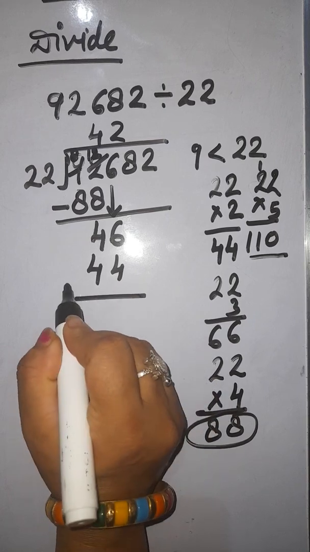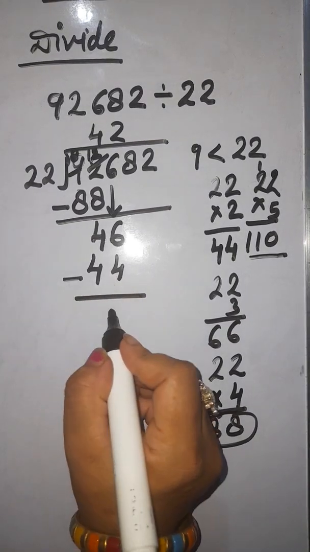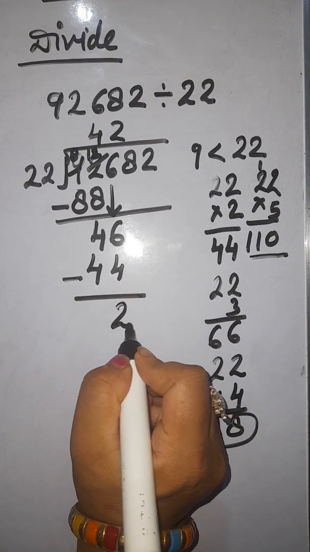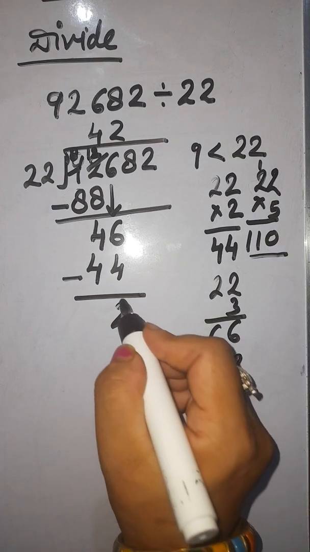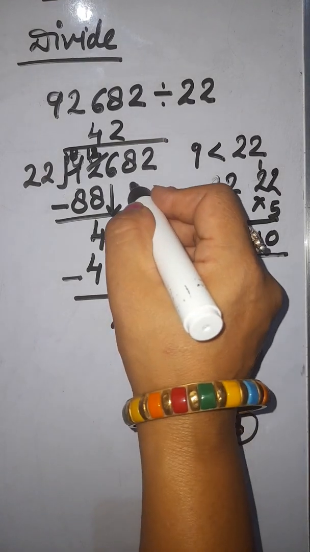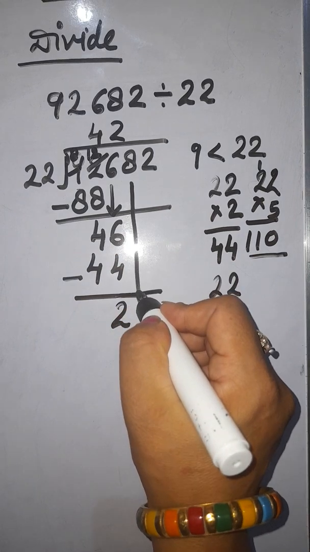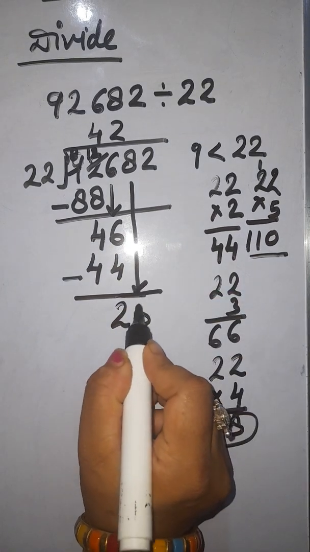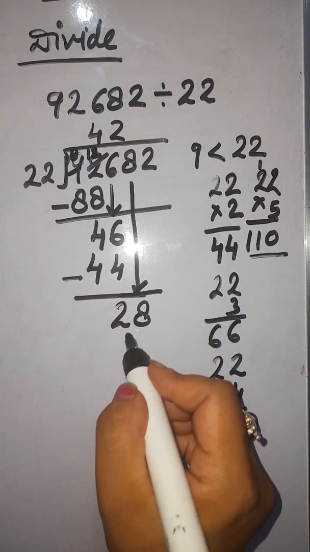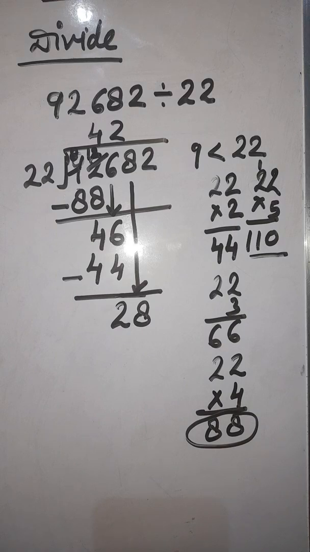44. Now again subtract. 6 minus 4, 2. 4 minus 4, 0. So bring down the next digit. This is 8. So it will become now 28. Now the smallest number which comes in the table of 22 is the number itself.